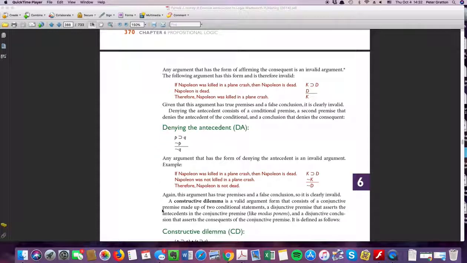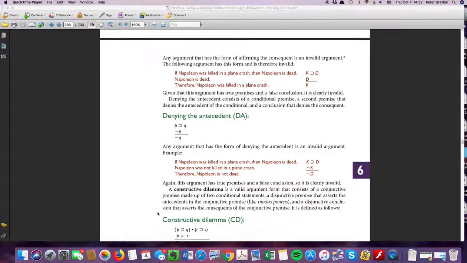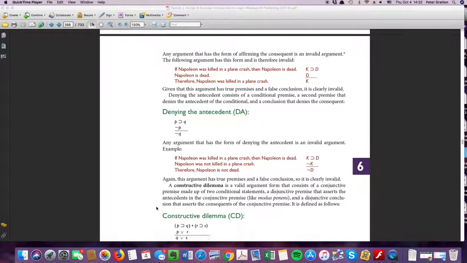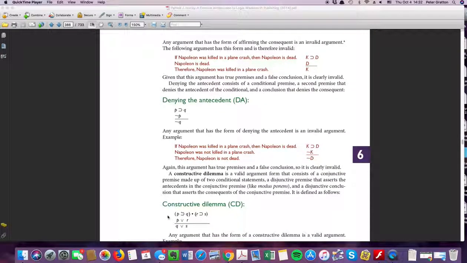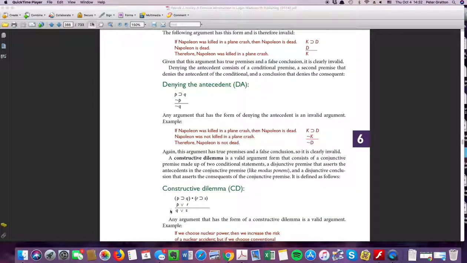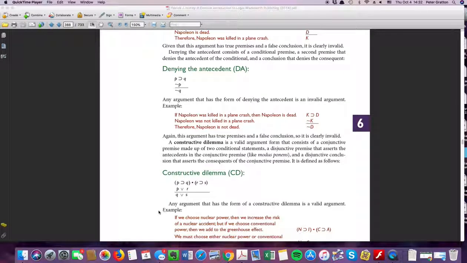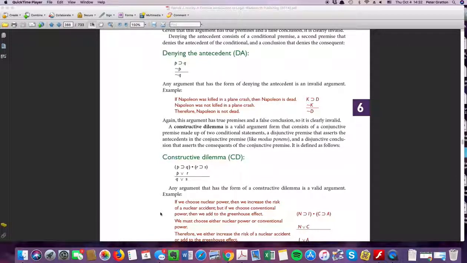Right? Then we have the constructive dilemma, a valid argument form that is made up of two conditional statements, and this is just using sort of the law of replacements. And so you just have to, in some sense, follow it along and sort of memorize it.